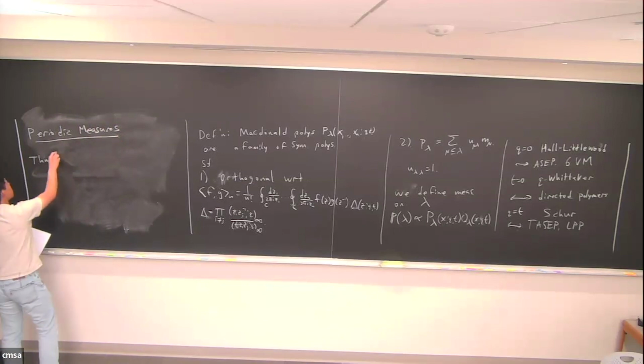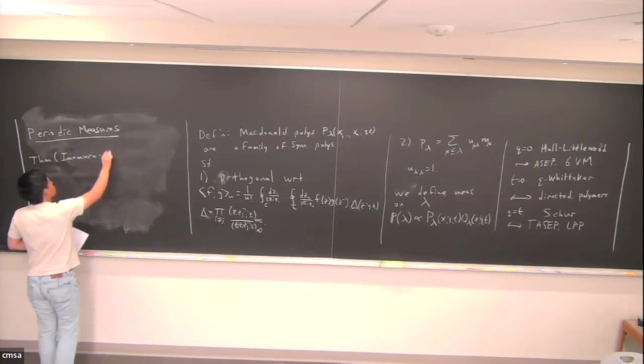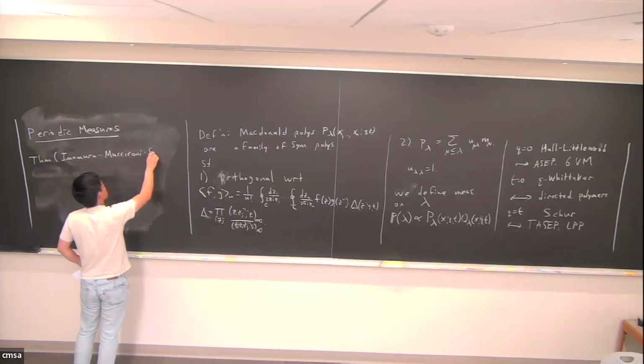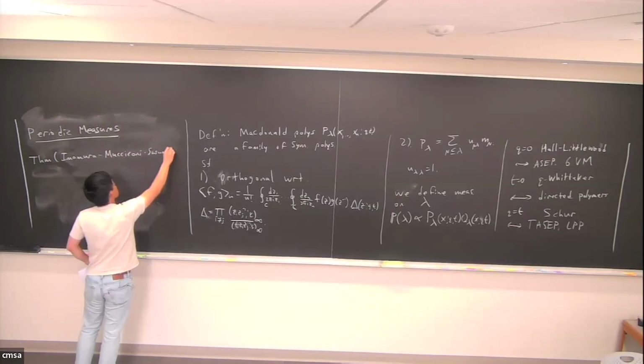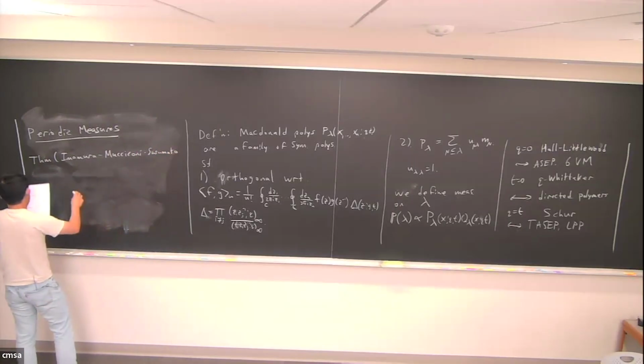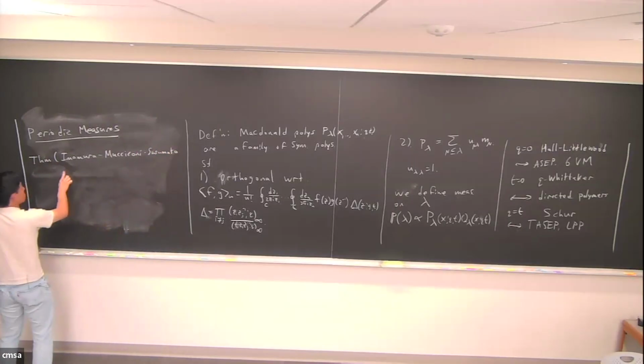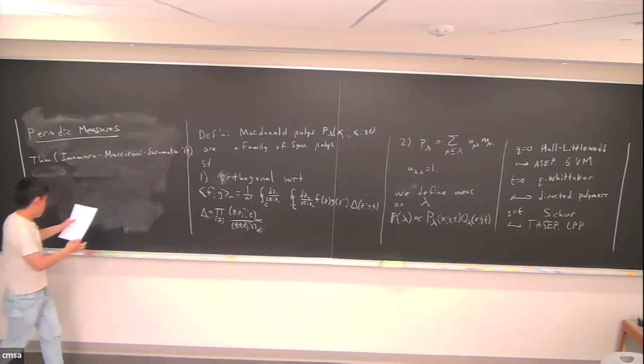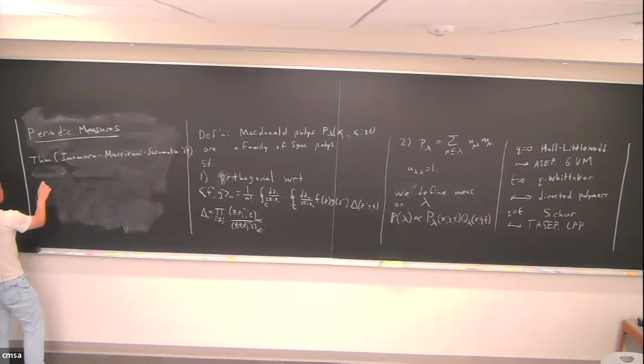So this is a theorem due to Imamura, Mucciconi, and Sasamoto from '24. Okay, and it's the following identity of symmetric functions.